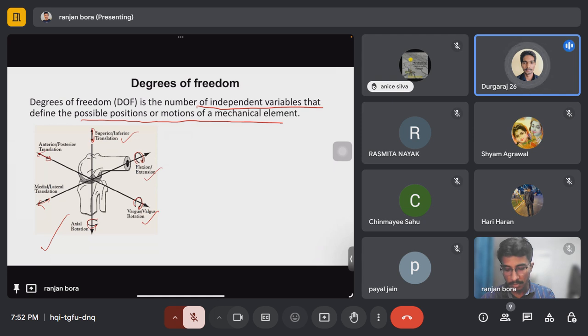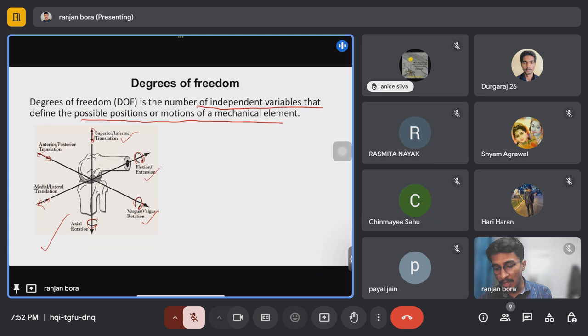Extension, flexion, then inversion, eversion? No. See, it can move along all the axes shown here.